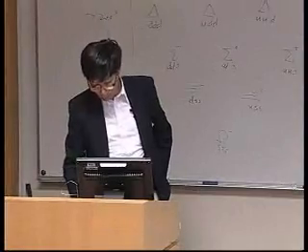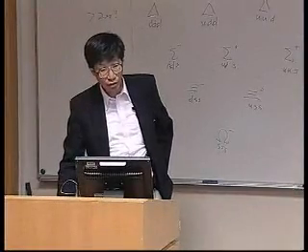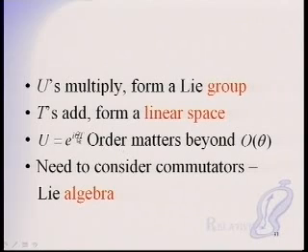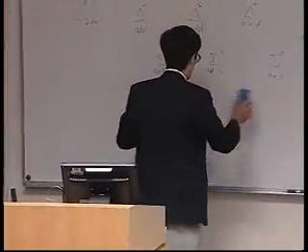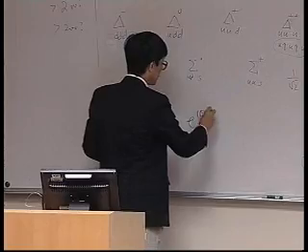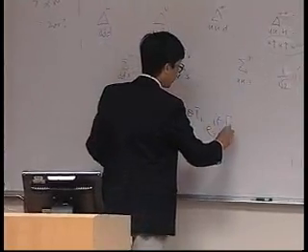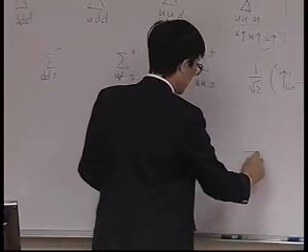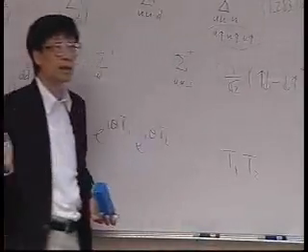However, because u is given by e to the i theta t, if you go beyond first order in theta, the order of the t's will matter. Okay? T1 times T2 is not equal to T2 times T1, because if you multiply, say, e to the i theta T1, e to the i theta T2, this will generate a term to second order involving T1 times T2, right?